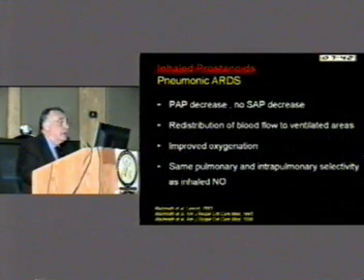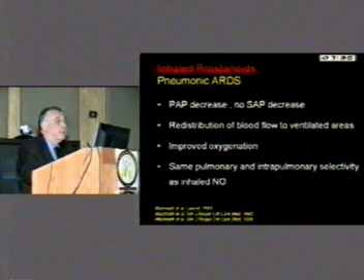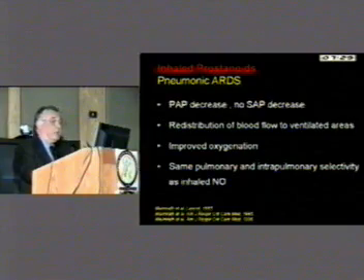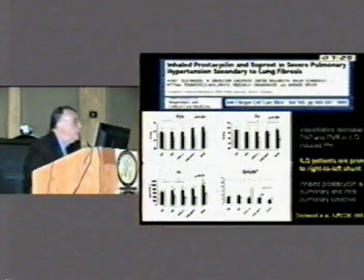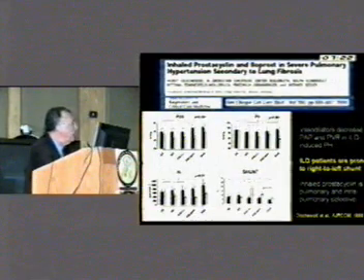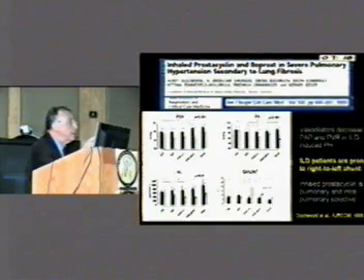Inhaled prostanoids have been used. We can use them in ARDS. They drop the PAP, with no systemic arterial pressure decrease. They can redistribute the blood flow to the ventilated areas, can improve oxygenation, and have the same pulmonary and intrapulmonary selectivity as inhaled nitric oxide. But we have to remember that you can get a problem with the patients having interstitial lung disease, which is the shunting effect.